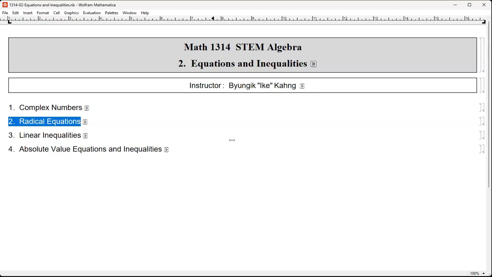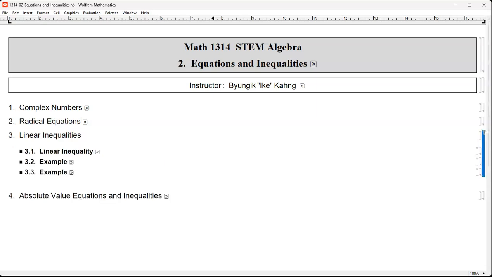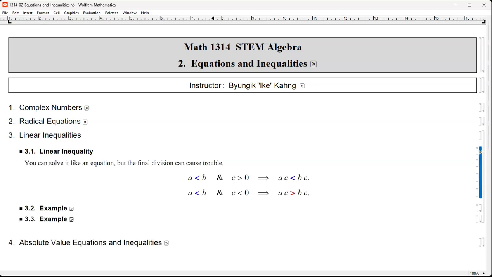But next section, linear inequalities. If you miss something here, that's going to be devastating because you have to assume that everybody else must have got it right. How to solve linear inequalities? Well, linear inequalities are just inequalities with just first degree, and the only thing that you have to remember is when you multiply or divide by a positive number, then the direction of the inequality stays the same.